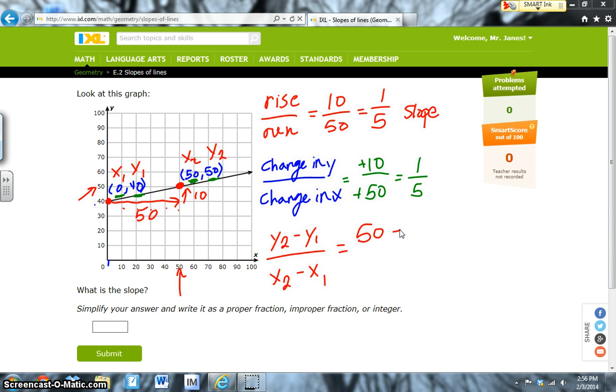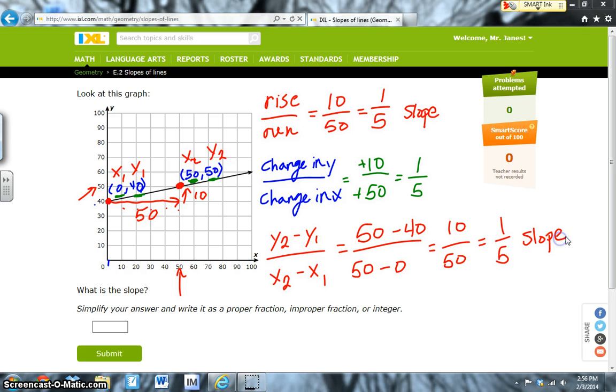My y1 is 40. My x2 is 50. My x1 is 0. 50 minus 40 is 10. 50 minus 0 is 50. 10 divided by 50 reduces to 1/5, and that is your slope.